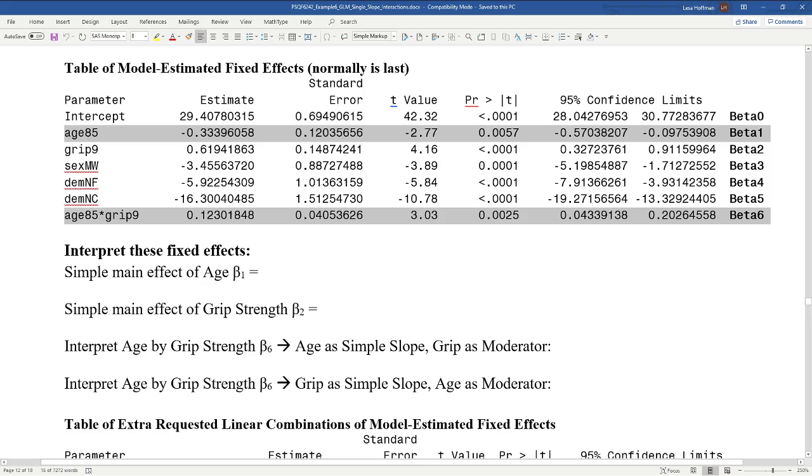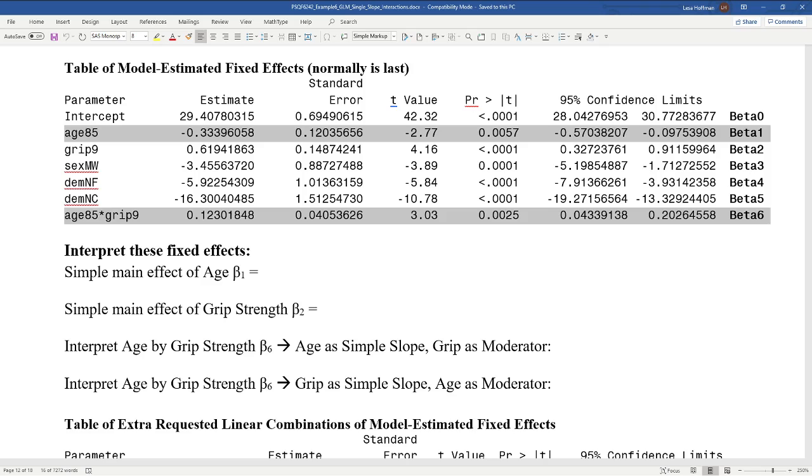So I'll say that again. This age slope of minus 0.33 is specific to when grip is 9. For every pound stronger grip than 9, this negative age slope becomes less negative. It's a positive interaction coefficient. It becomes less negative by 0.12 per pound of grip strength.